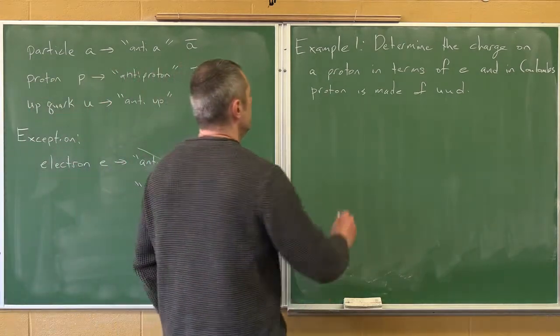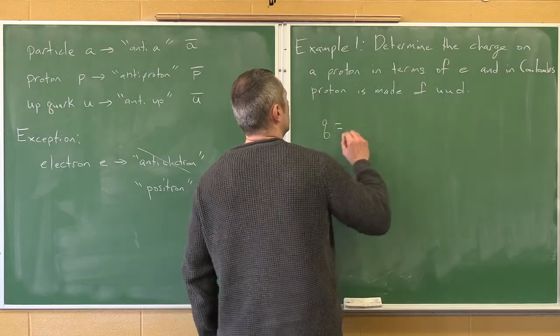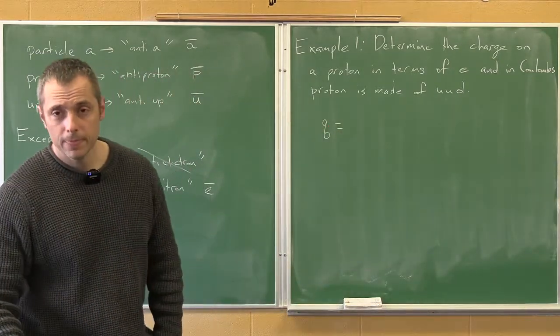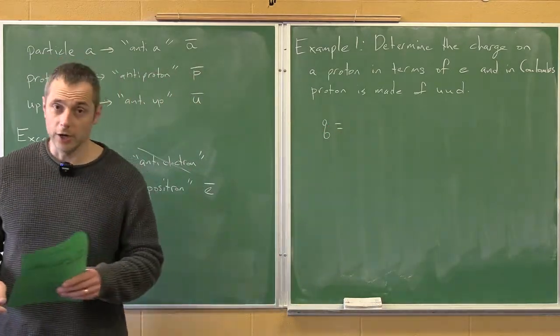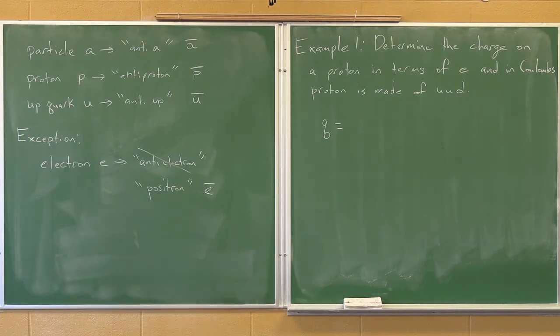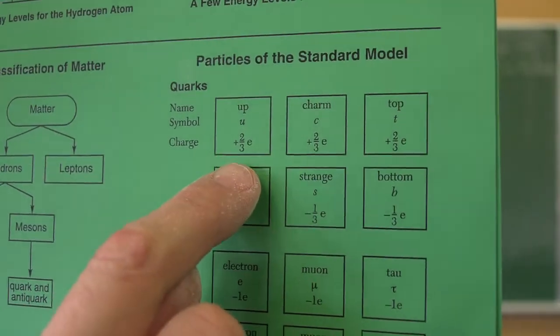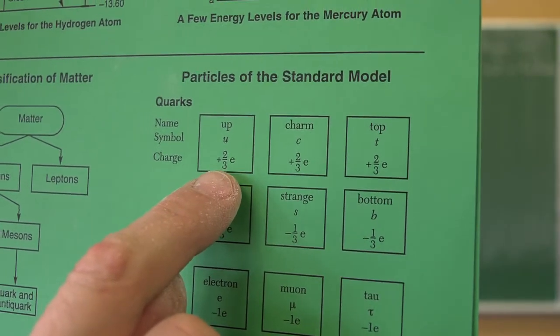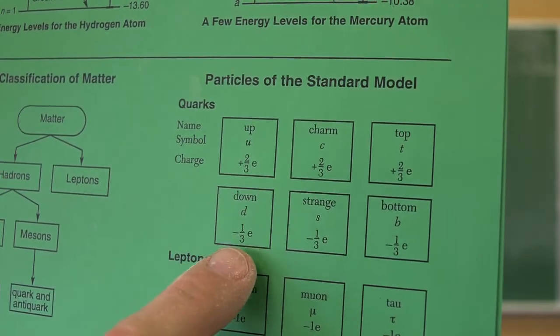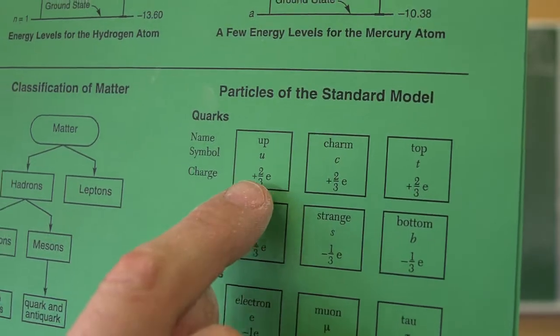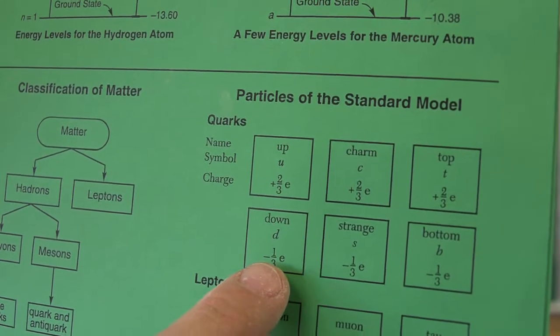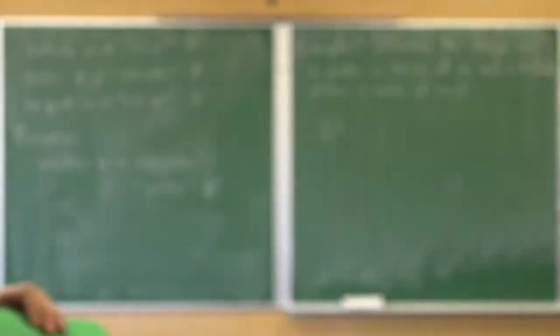You would go to the reference table and find the charge on an up quark and the charge on the down quark. Right here, the up quark has a charge of plus 2/3 e, and the down is negative 1/3 e. So we've got two of these and one of those, and we're just going to sum that up.